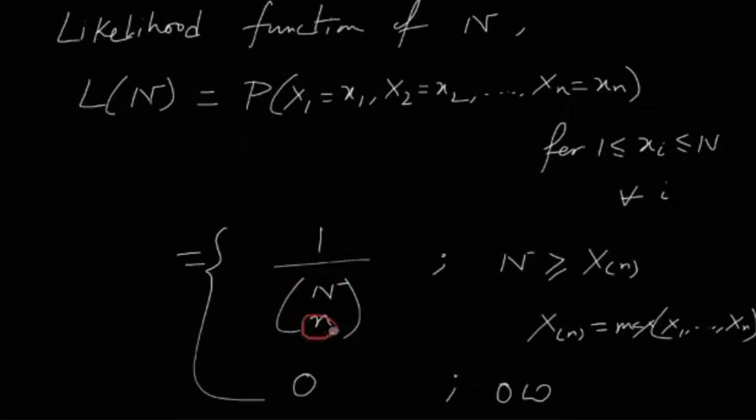This N choose n is defined if capital N is greater than or equal to X order n, and otherwise the likelihood is 0. So the value of N for which the denominator is minimum is X order n, because if N is greater than X order n, then it is increasing.